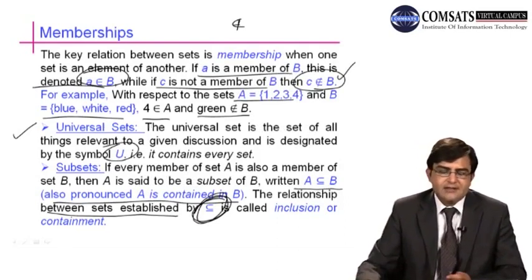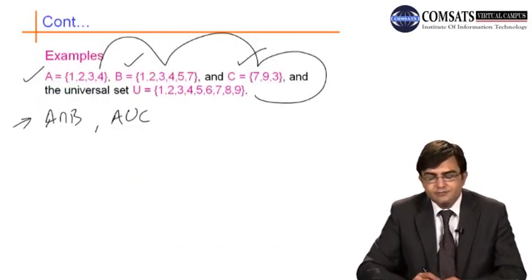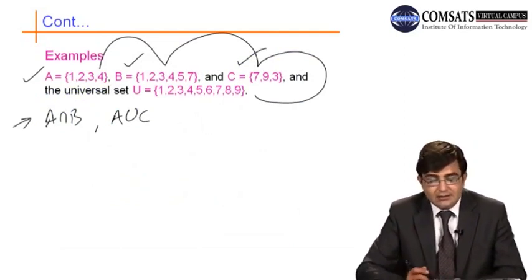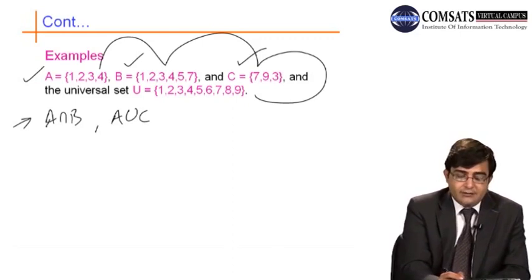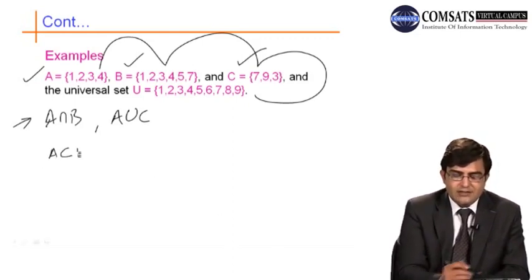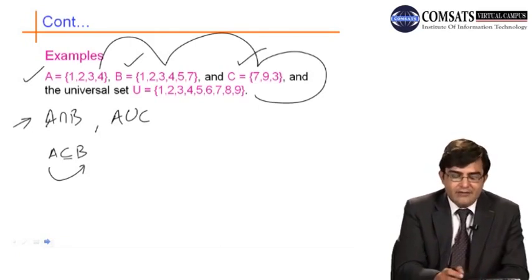So subsets, I hope universal sets and subsets you already know, and you can quickly understand these things. If we say that A is a subset of B, what does it mean? It means that every element of A is also an element of B, or every member of A is also a member of B.